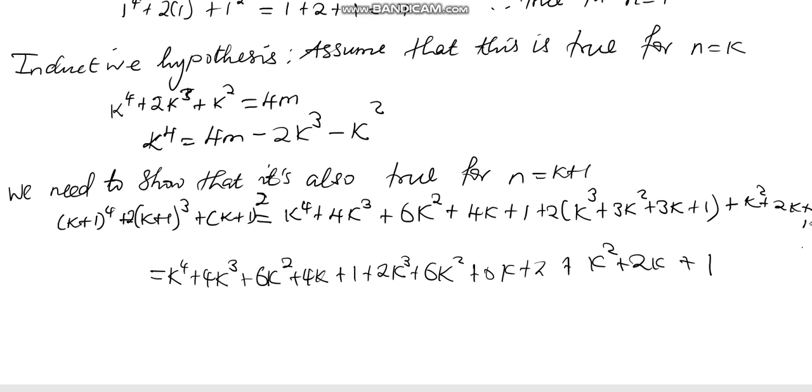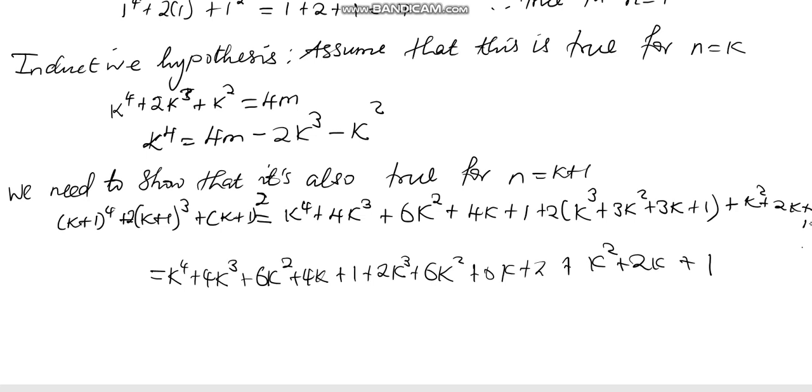If we add the like terms together, we have 6k squared, 6k squared and k squared, and 2k to the power 3 and 4k to the power 3.